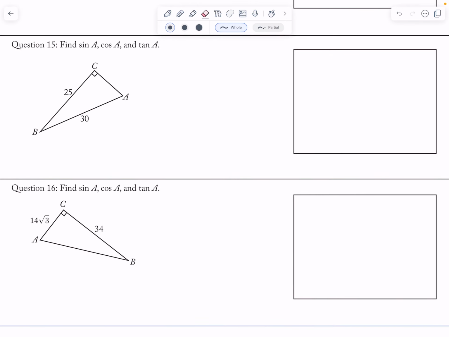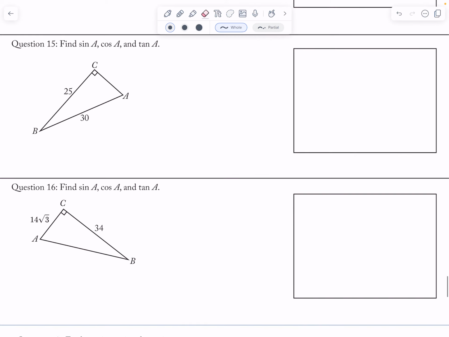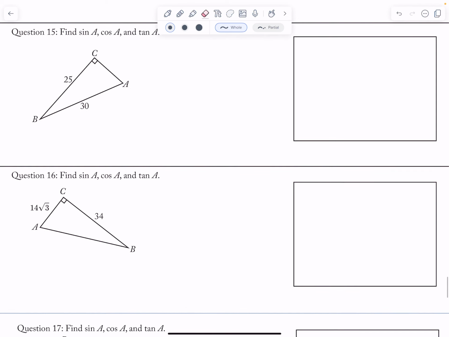All right, so let's take a look at the next one here. So this one is sine, cosine, and tangent, but I'm not given one of the side lengths. So let's call this side length A. So A squared plus 25 squared is equal to 30 squared. So A squared plus 625 is equal to 900.